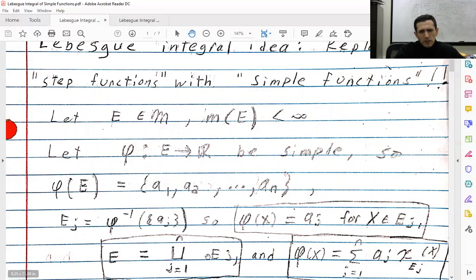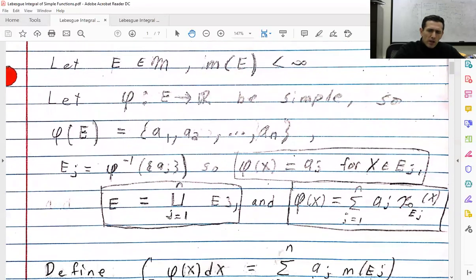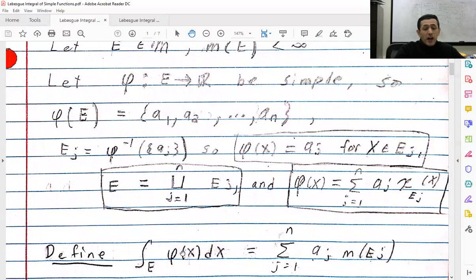Particularly, these EJs are disjoint, and E is the union of the EJs. All right. And phi is going to be the sum here.